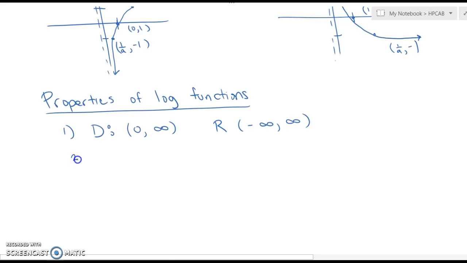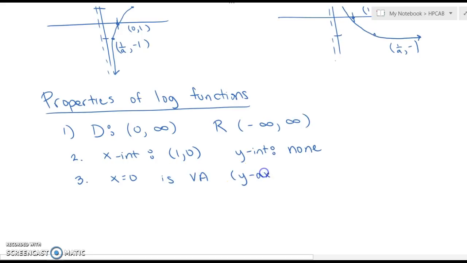Two, the x-intercept is going to be at 1, 0. The y-intercept, because of that vertical asymptote, there isn't any. Third, x equals 0 is going to be the vertical asymptote, in other words, the y-axis.